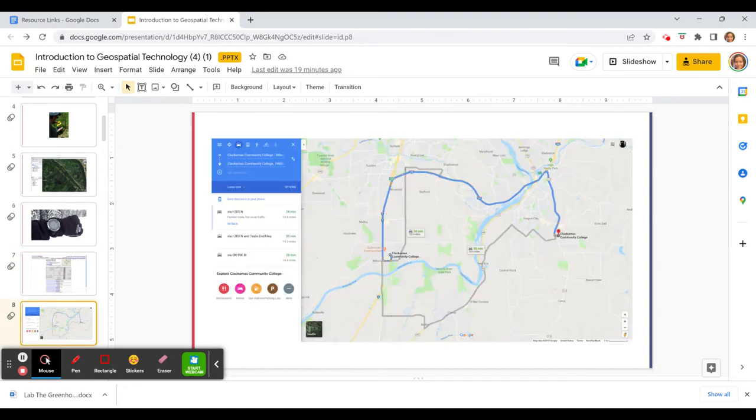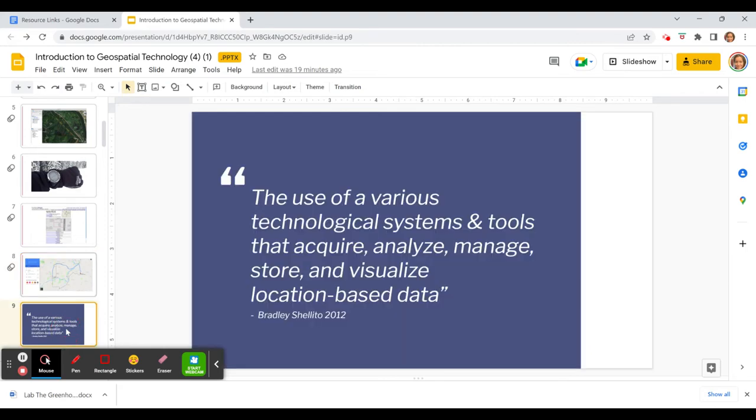Geospatial technology also helps us with directions. How do we get from point A to point B? So, it is the use of various technological systems and tools that acquire, analyze, manage, store, and visualize location based data. We've just gone through several of those examples.